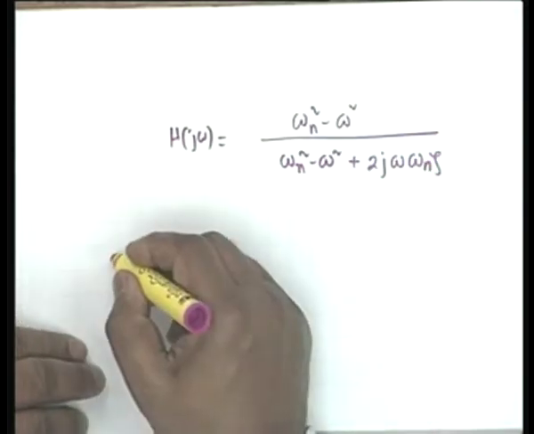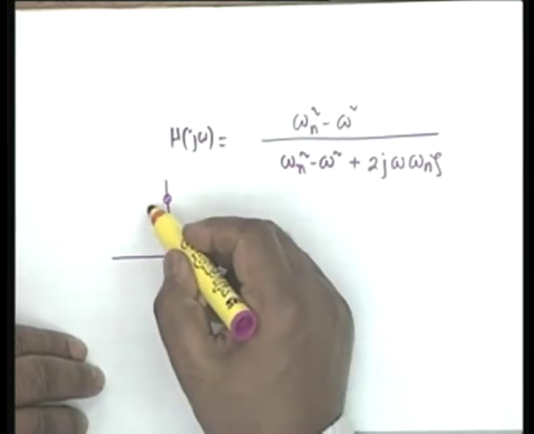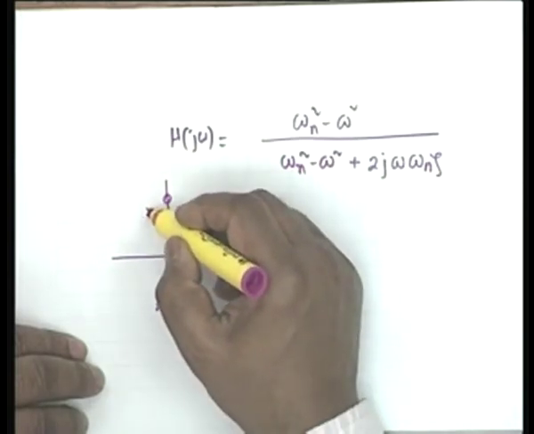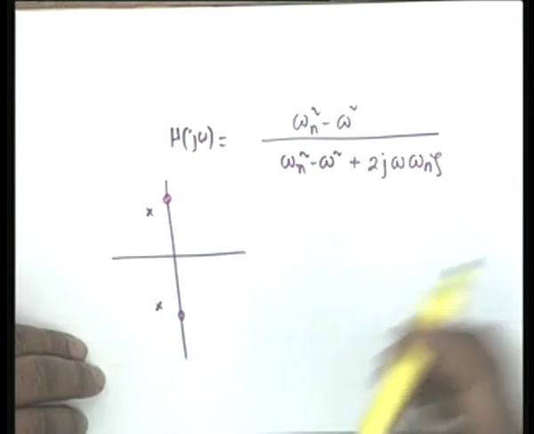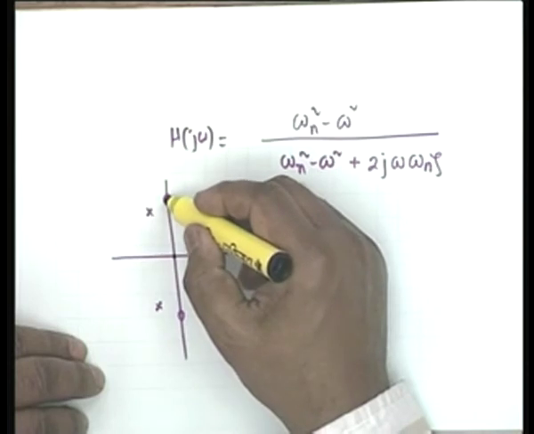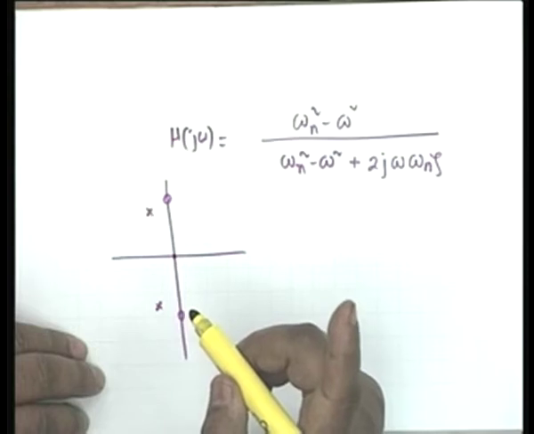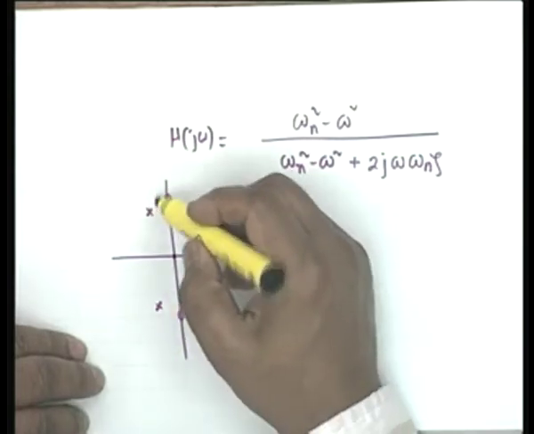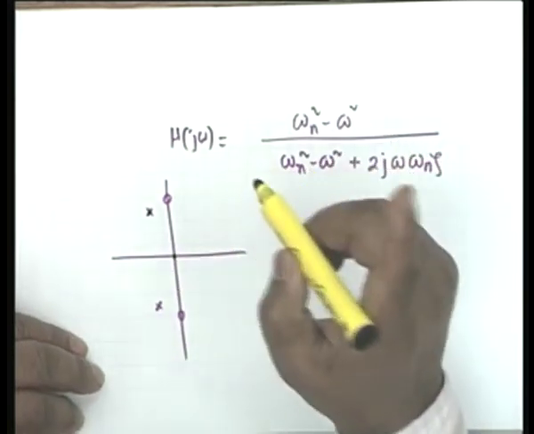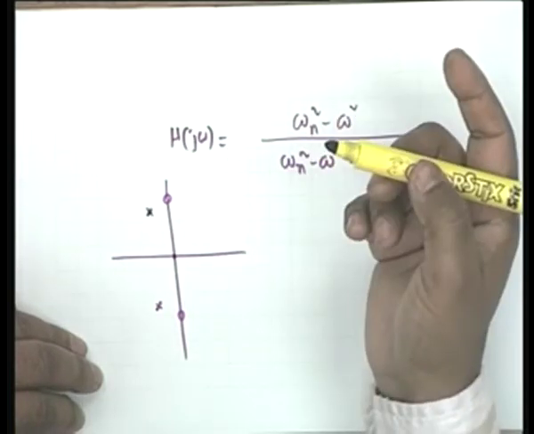If you look at the pole-zero diagram, at zero frequency the phase due to the two zeros cancel each other, and the phases due to the two pole vectors also cancel each other, so the phase starts from 0 at DC.